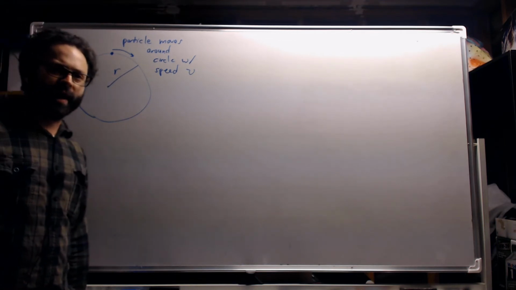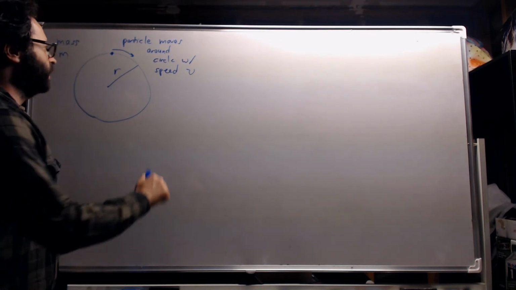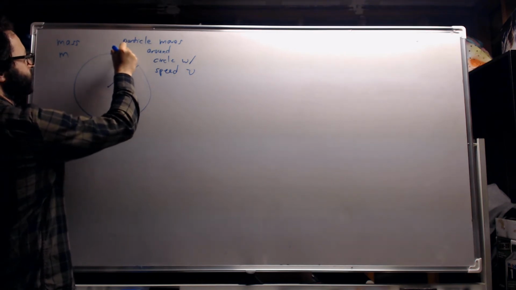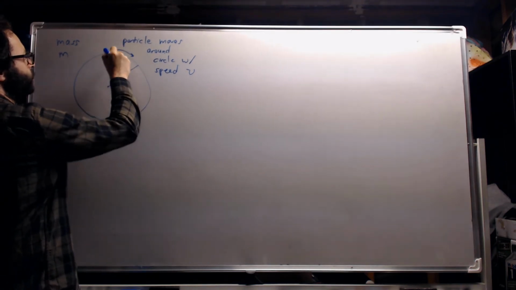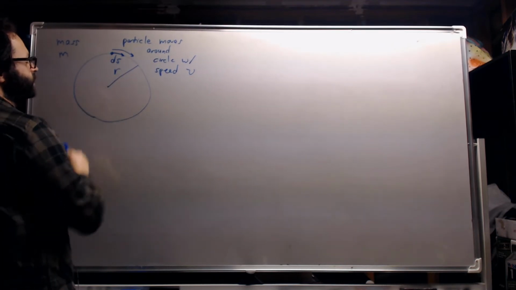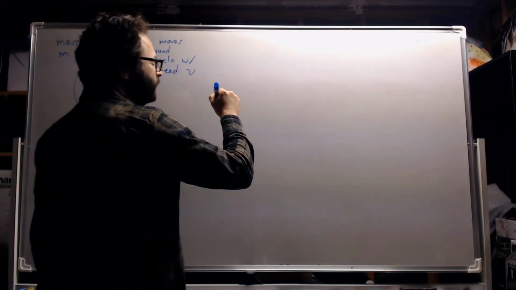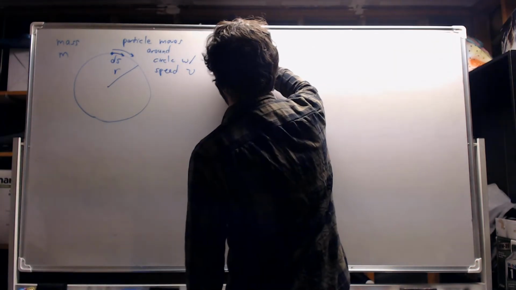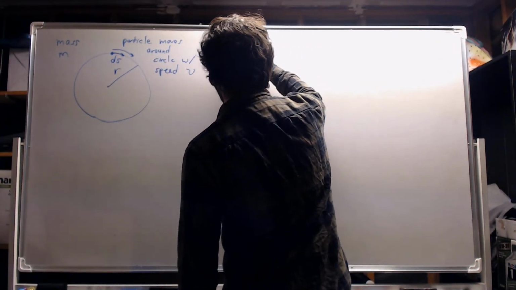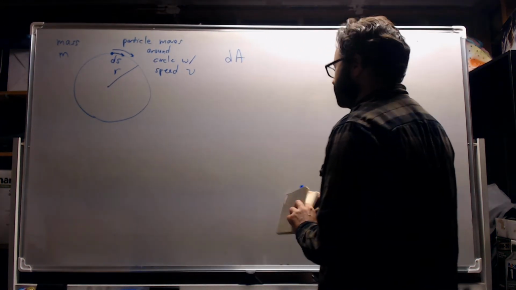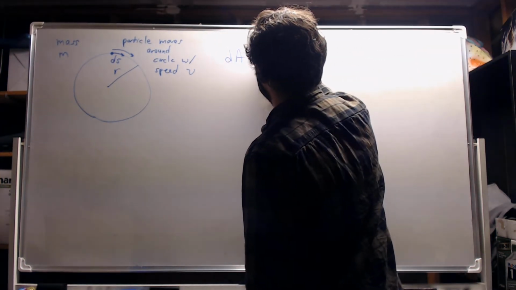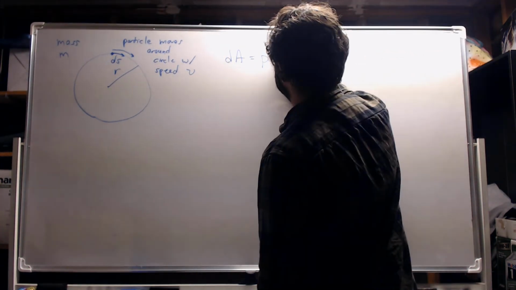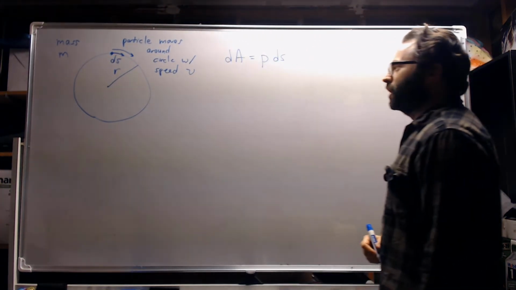Here's how the quantity action is defined. As the particle moves an infinitesimal distance along the circle that we're going to call ds, the change in the variable action looks like this. The infinitesimal change in the action A is going to be equal to the momentum of the particle times the distance that it traveled along the circle.